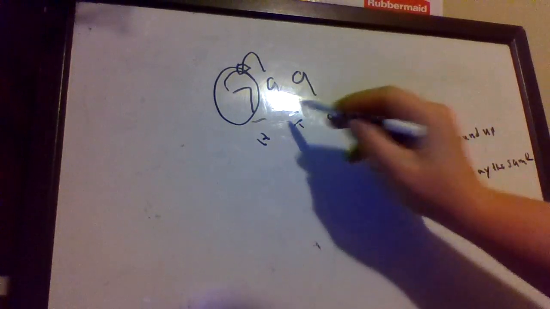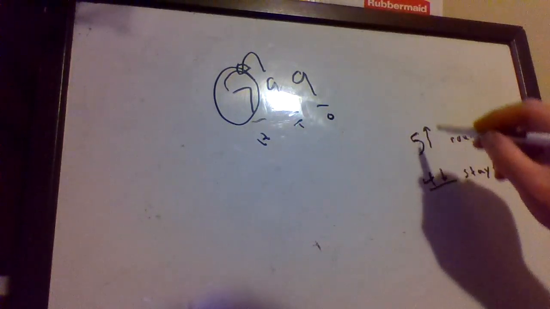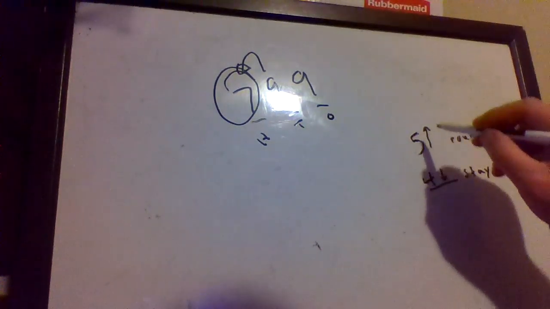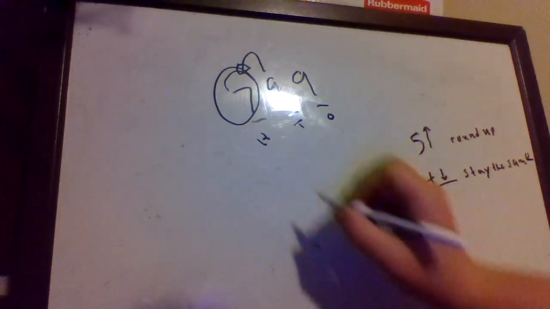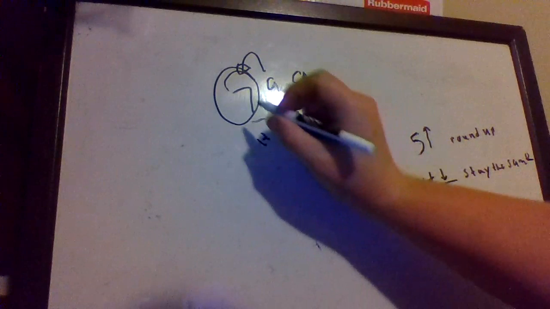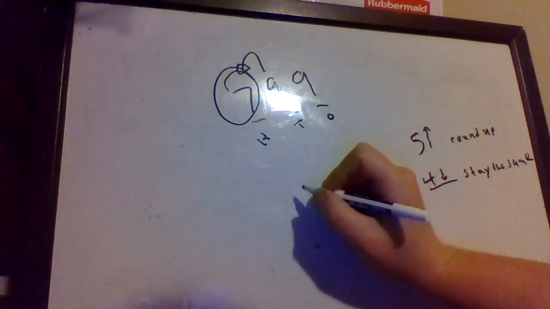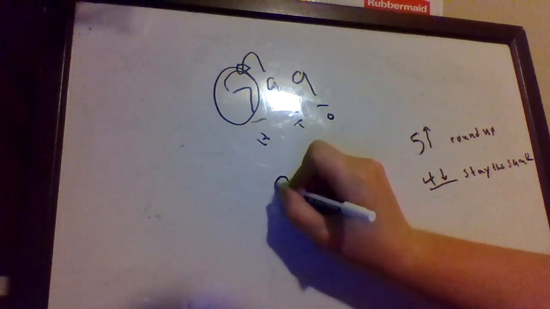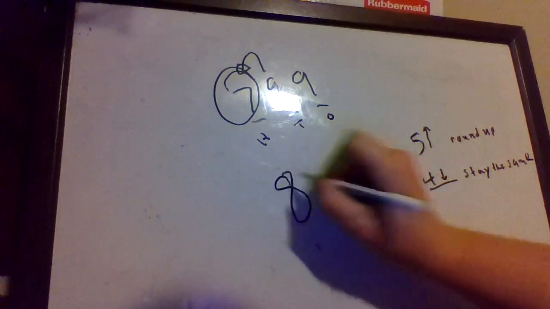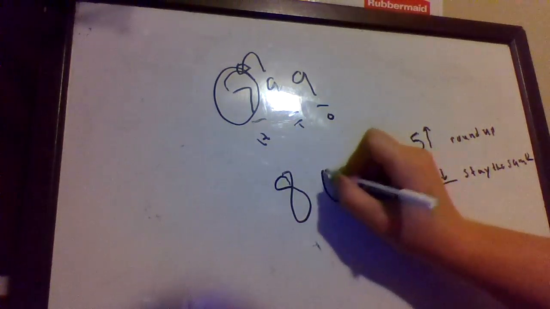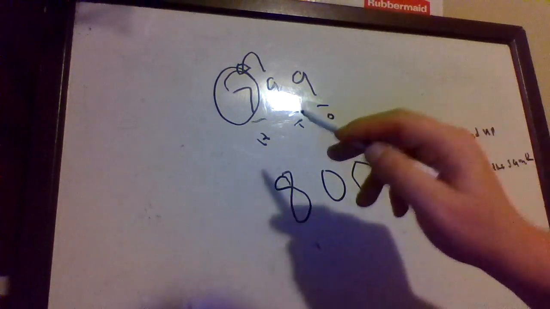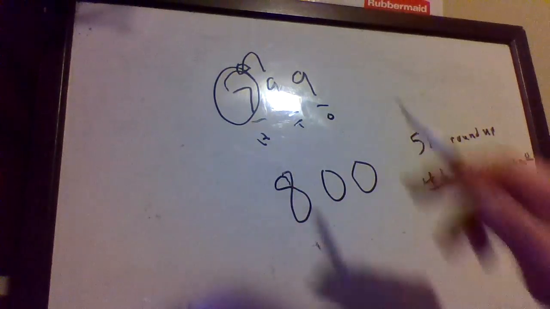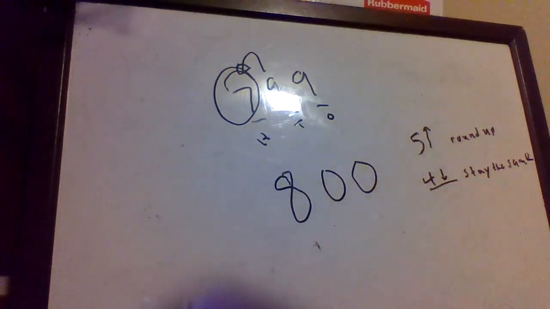Because 9 is 5 or above. 9 is way above 5. So the 7 is going to round up to 8. So we're going to bring an 8 down, and we're going to make the other numbers a 0. So 799 rounded to the nearest 100 is 800.